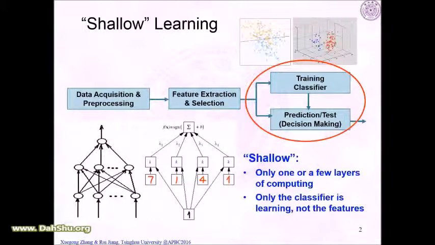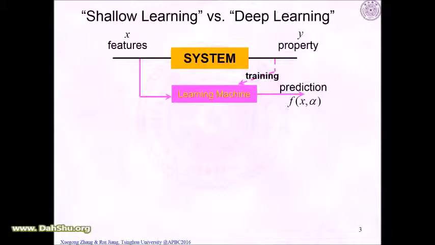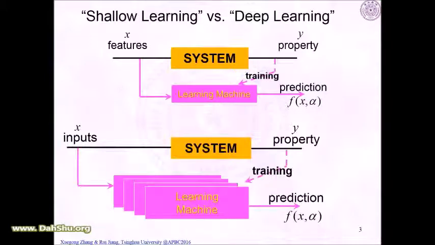In deep learning, they try to include this feature part in this circle. They learn them together. So this is the diagram for machine learning, as shown in most of the textbooks. We do the classification or prediction based on features. But for deep learning, I modify it slightly. From the original input, what we get may be features, or may not be features.